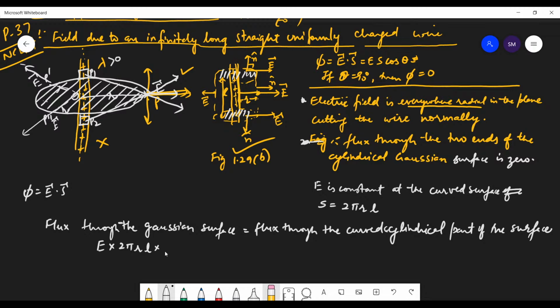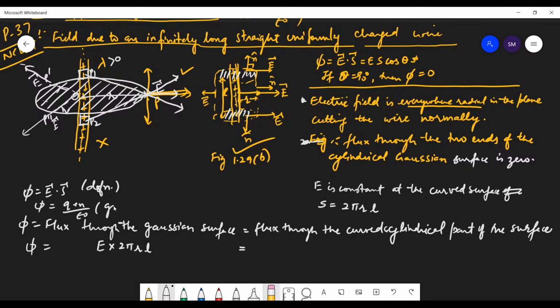So that is the flux through the Gaussian surface, and that is by definition. Then we will write it by Gauss law, charge enclosed by epsilon naught.